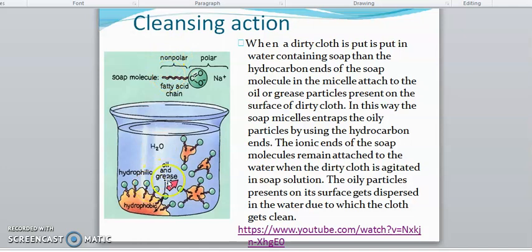So here you have the grease or the dirt and oil or anything which is in your cloth.